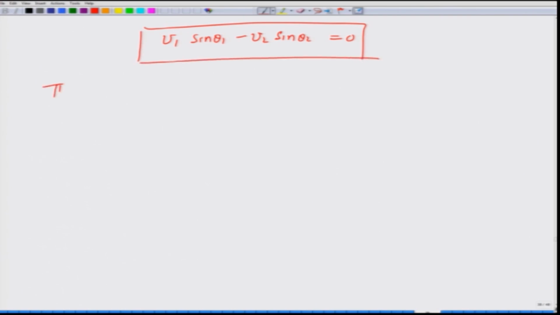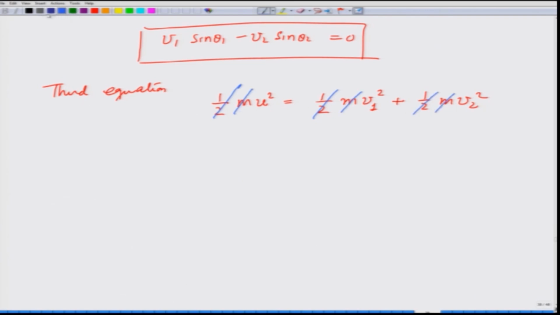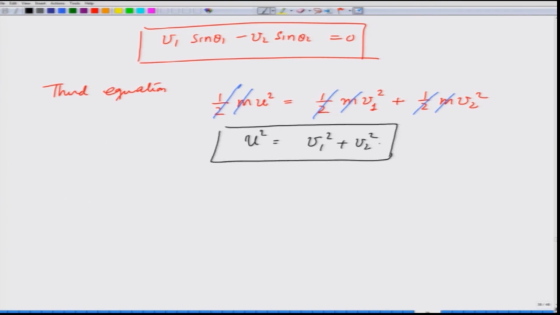The third equation comes from energy conservation, and that says that initial energy half m u square should remain the same even after the collision, because it is an elastic collision, half m v1 square plus half m v2 square, and again half cancels, m cancels, and I have u square equals v1 square plus v2 square. That is my third equation. Let me write them again.